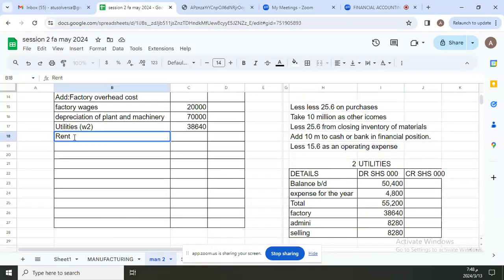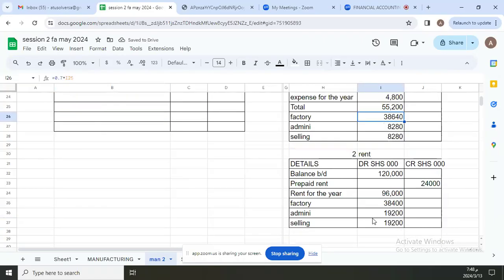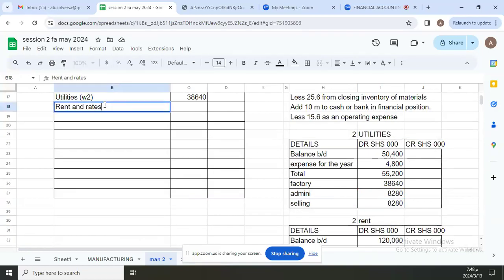For the factory on rent, have we got 60% of the 96,000? Sorry, we had got 0.4. Thank you. It is 0.6. So we come to rent and rates.